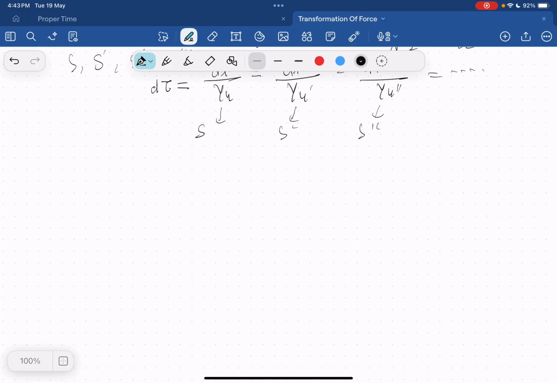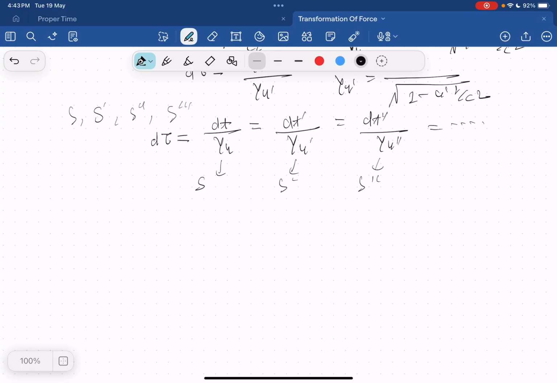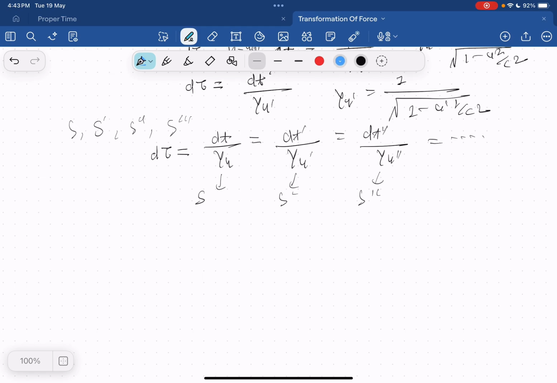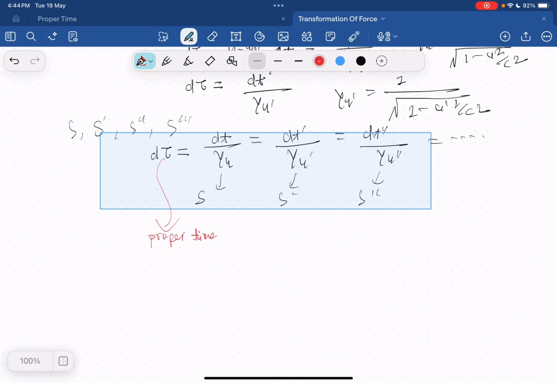And now before moving to four vector, let's emphasize the fact that here this proper time interval is invariant from frame to frame.